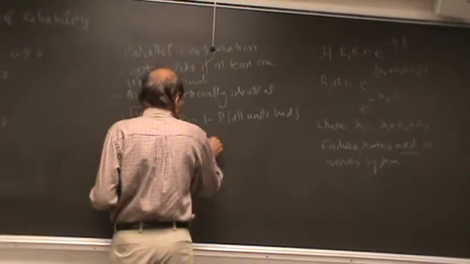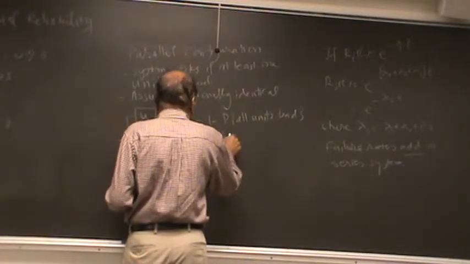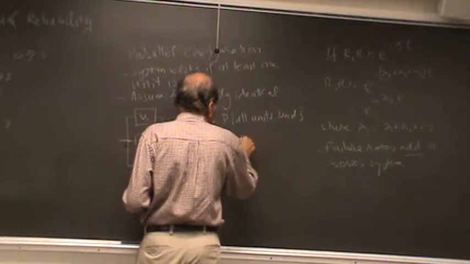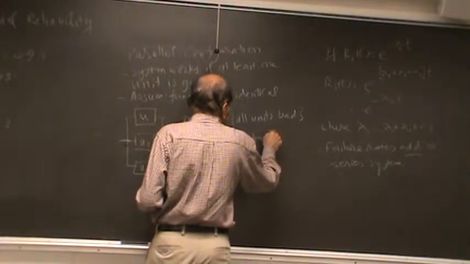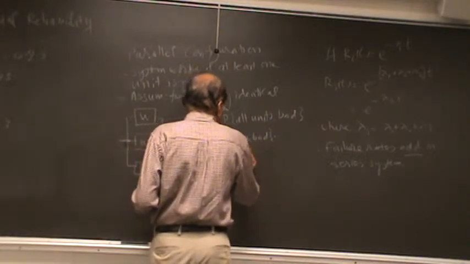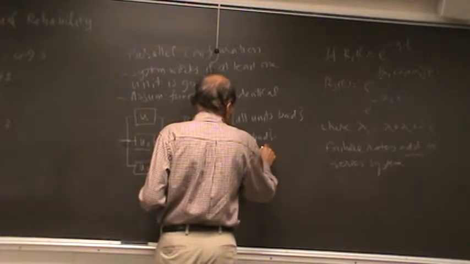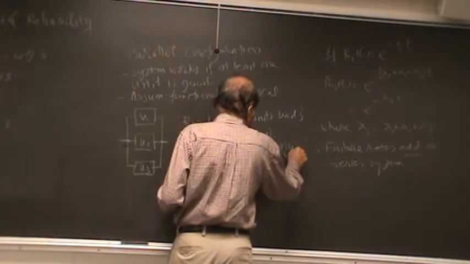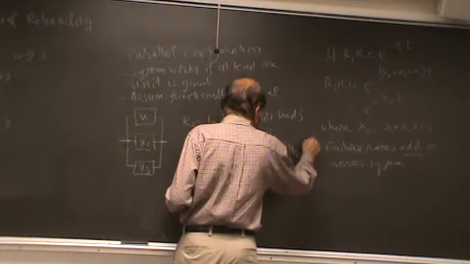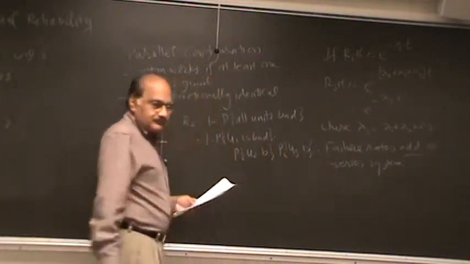Okay, so that is equal to 1 minus the probability that U1 is bad, and let me abbreviate, the probability that U2 is bad, multiplied by the probability that U3 is bad, right?